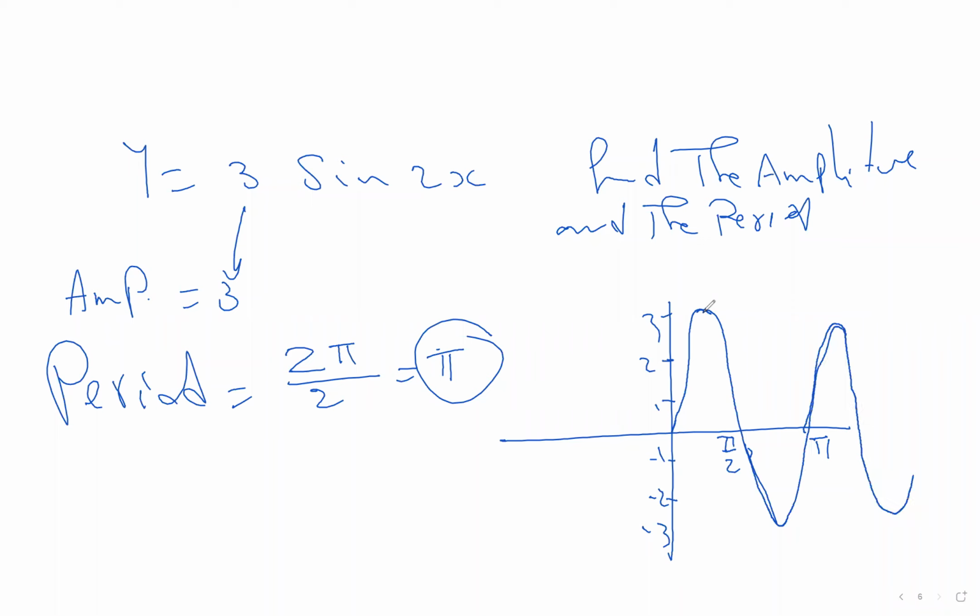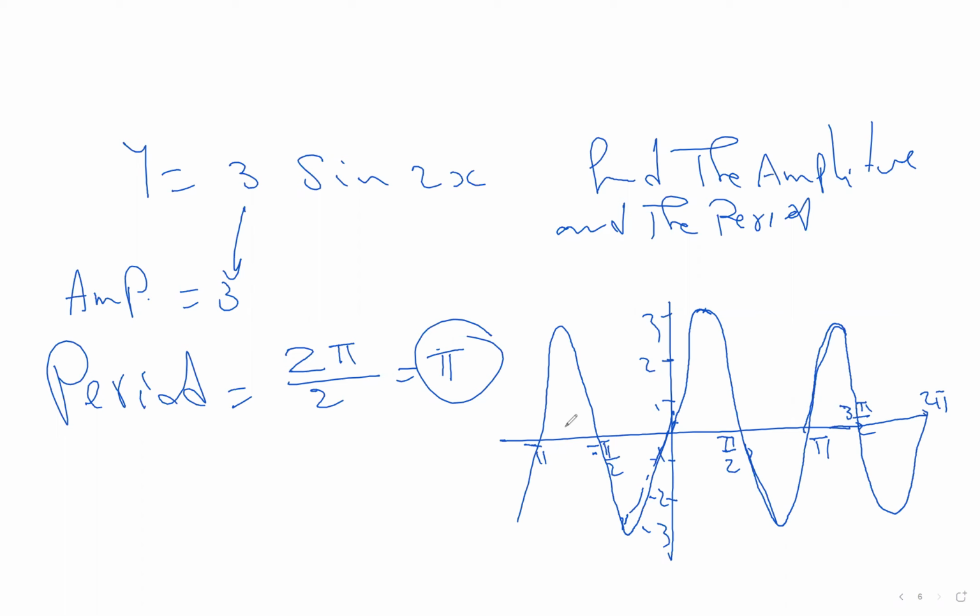And this is 3 pi over 2, and this is 2 pi, and you can complete this to this side: negative pi over 2, negative pi, and so on.